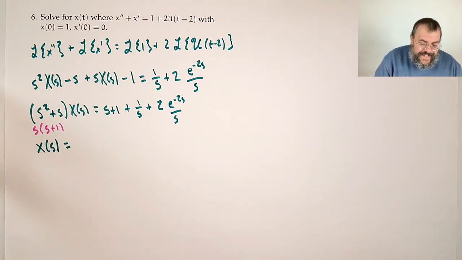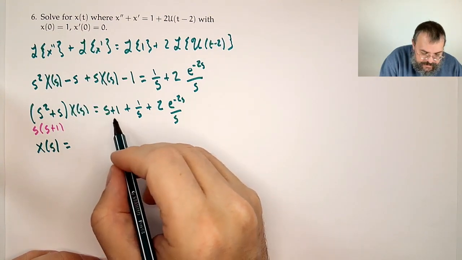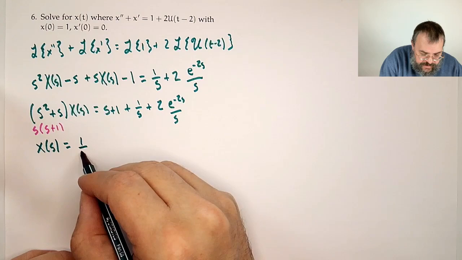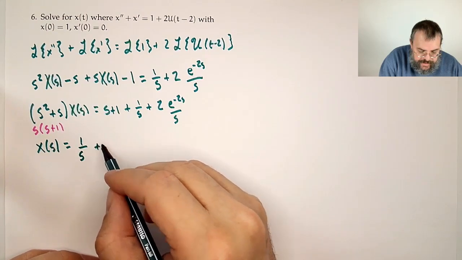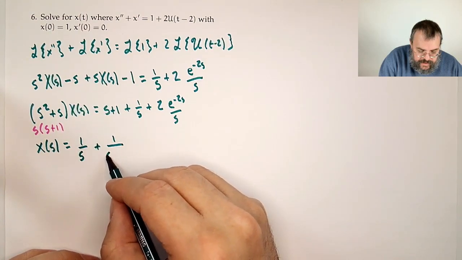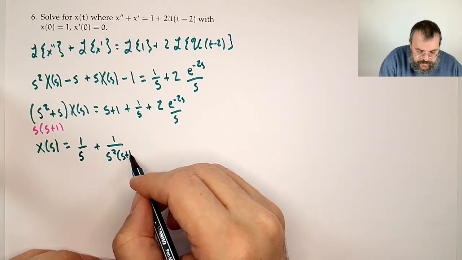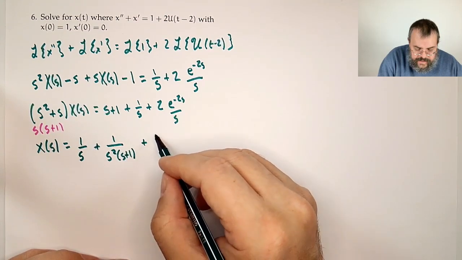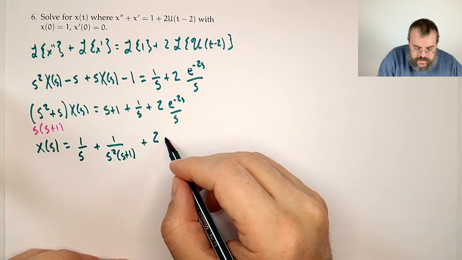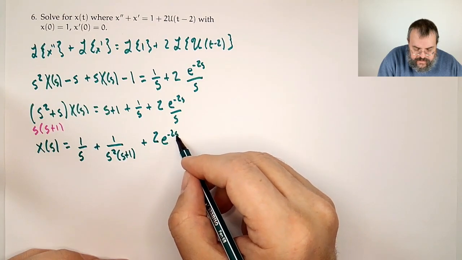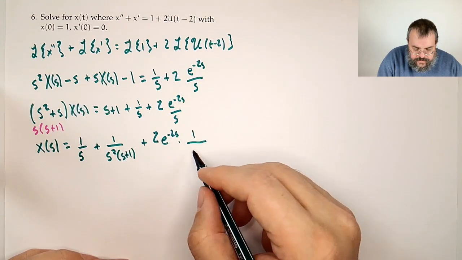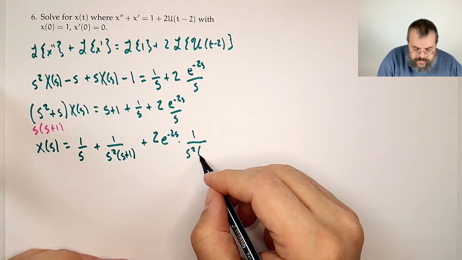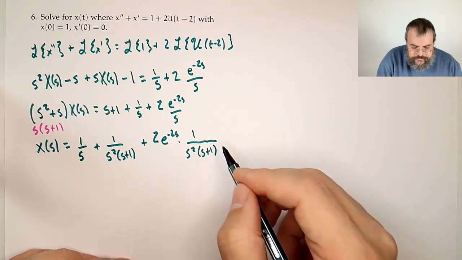Perfect. And so, from the first piece, we'll have simply 1 over s. And then we have 1 over s squared times s plus 1. And then we're going to have 2. And I'll even pull off this e to the minus 2s. And then 1 over s squared times s plus 1.